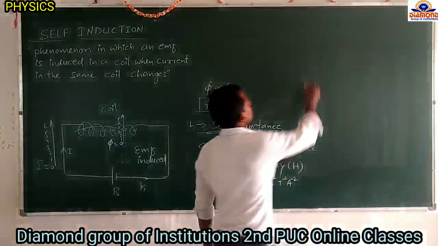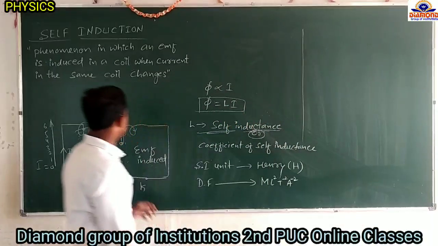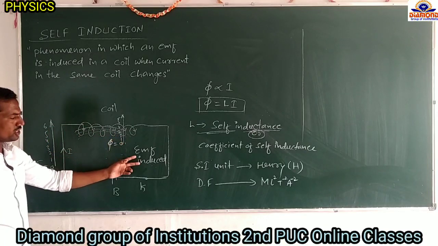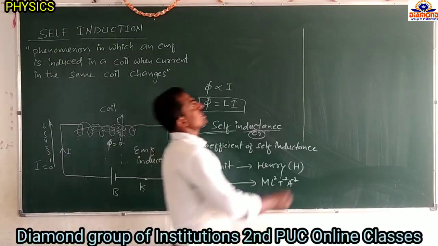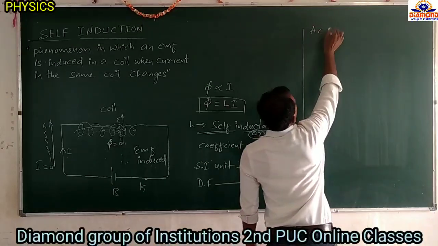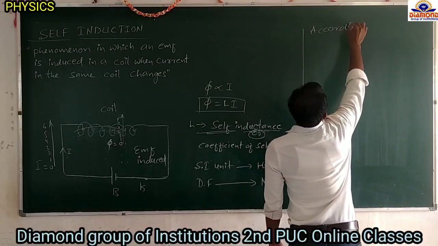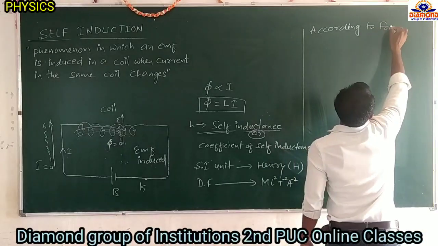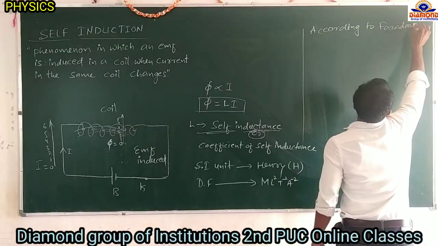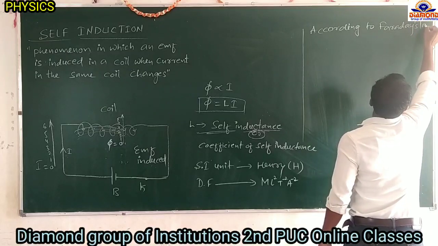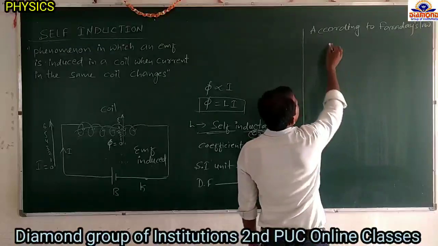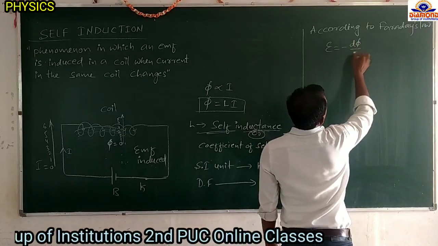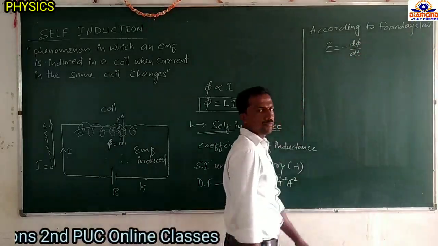Then next we are writing, when current is changing in the coil, EMF will be induced. Then according to Faraday's law, E is equals to minus d phi by dt.